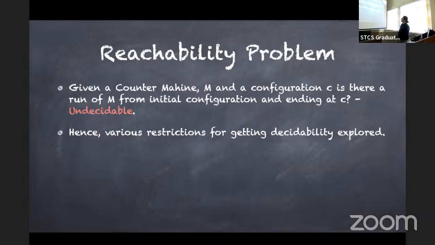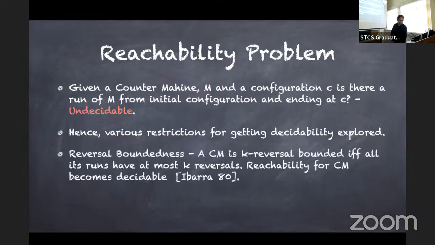Hence, various restrictions for getting decidability have been explored, and one of those was reversal boundedness. The reversal, as I mentioned, is the point where your counter moves from increment to decrement. Ibarra in the 1980s suggested this restriction, and he showed that if you bound the reversals in all the runs of your given counter machine, then reachability becomes decidable.